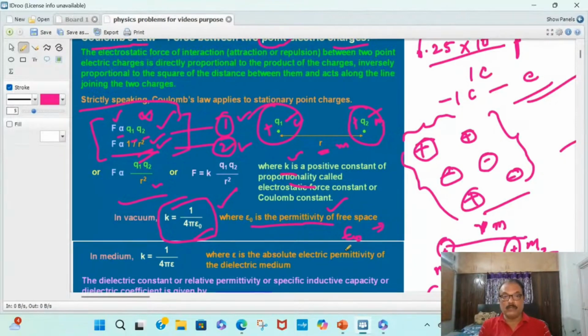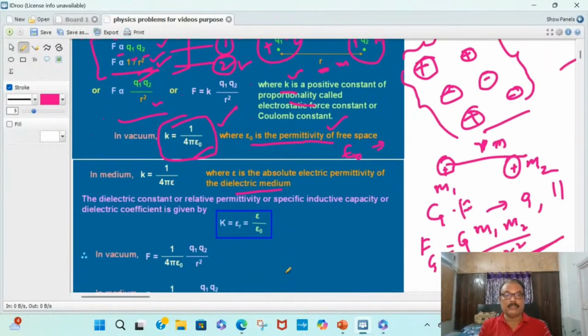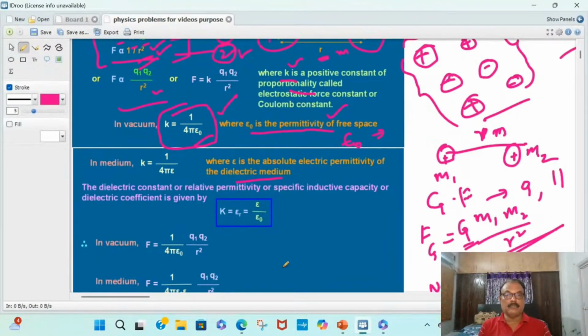If you want to put the charges in any other media like dielectric media, their force is reduced because of the induction that takes place. So in the medium it will become epsilon. Epsilon naught is for free space, and epsilon is for the medium.